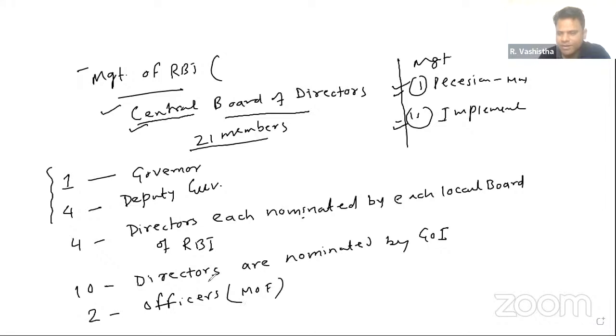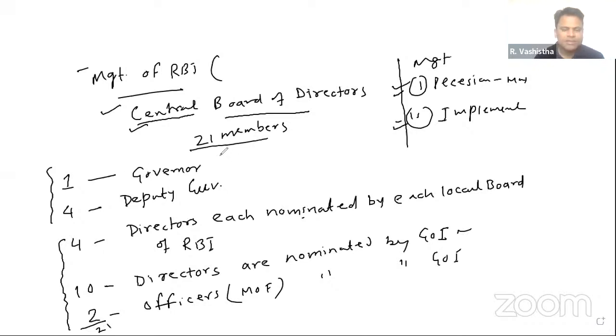These 2 officers have to be from the Ministry of Finance, and they are also nominated by Government of India. All these people are part of this Central Board of Directors. One is the governor, then the 4 deputy governors, then 4 directors nominated by local boards of RBI, then 10 directors nominated by Government of India, and 2 officers nominated by Government of India. So the total number is 21.